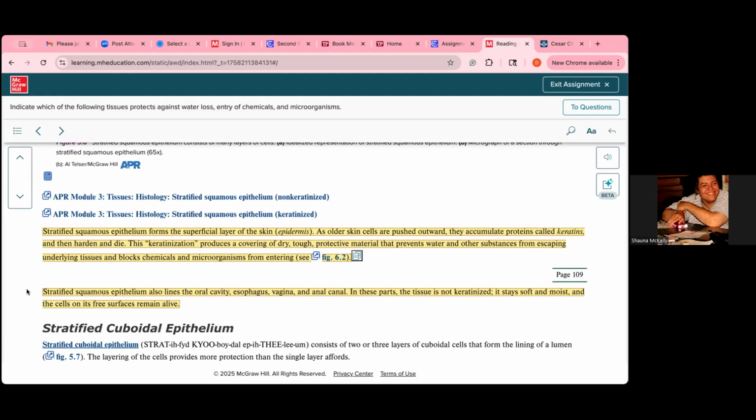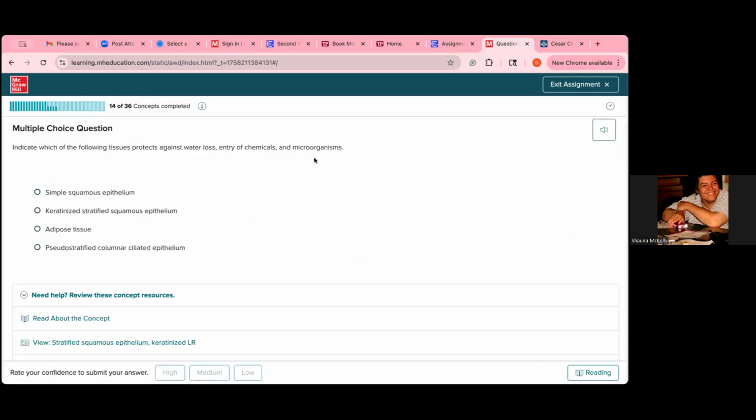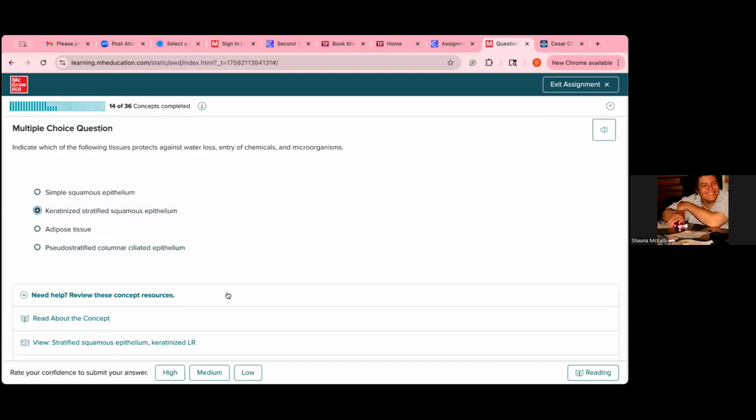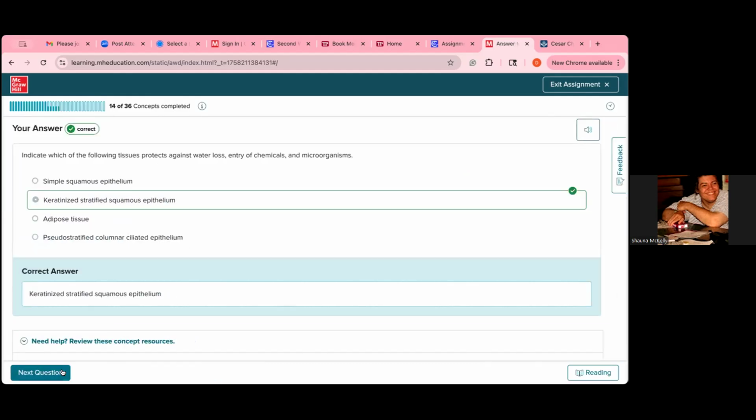So it would be keratinized stratified squamous epithelium. So it's the second one.